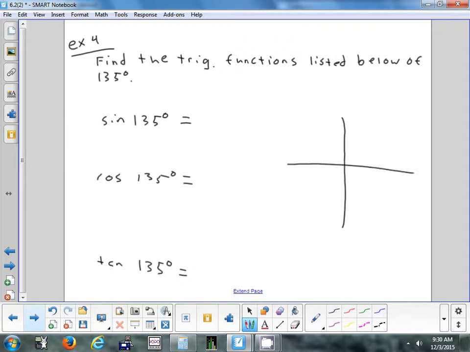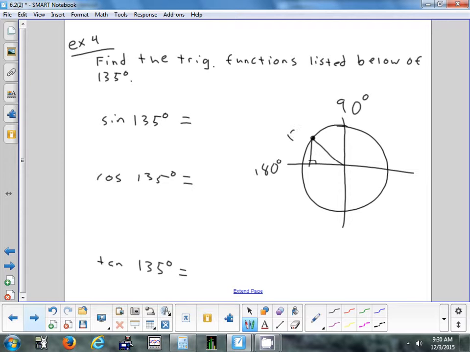Okay, first thing we got to figure out is if this coordinate has something to do with the 30, 60, 90, or if it's the 45, 45, 90. Okay. Here's 90. Here's 180. Where's 135? It's exactly in the middle. If you took 90 and 180 and averaged them, 135 is exactly in the middle.